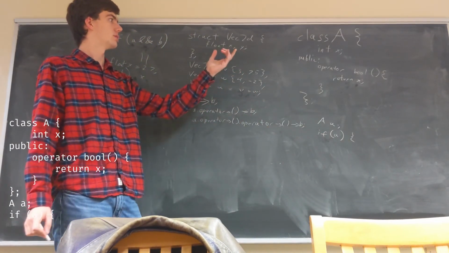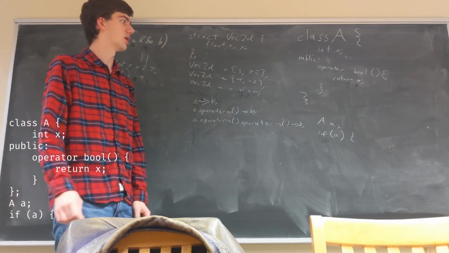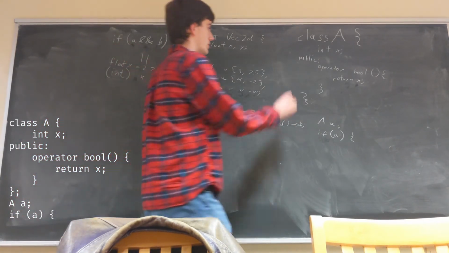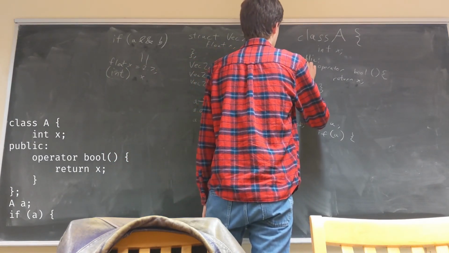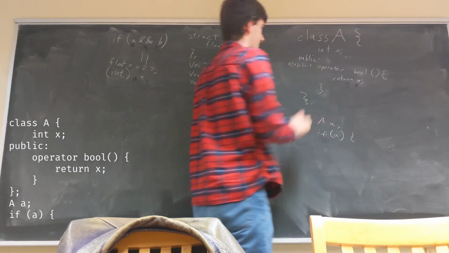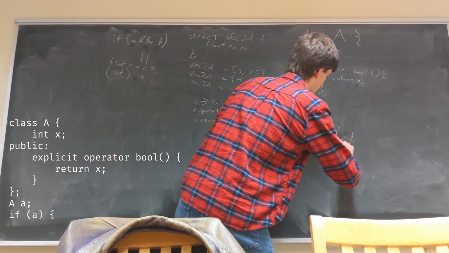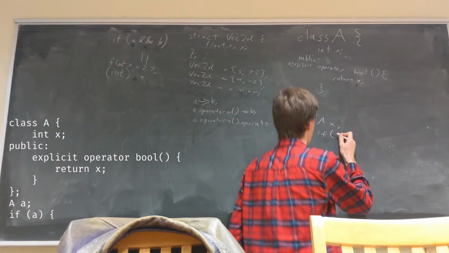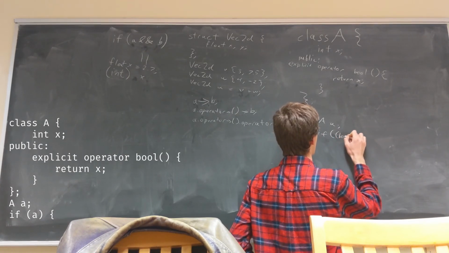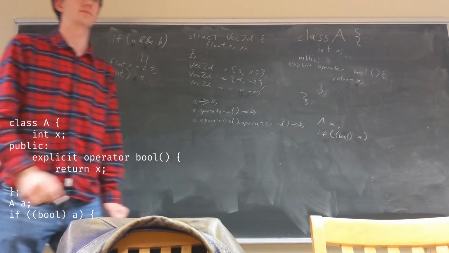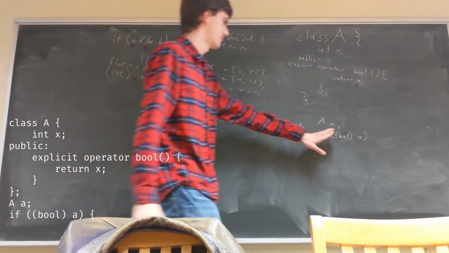What if we want our conversion to not work implicitly? It's very simple. We just write explicit, and you have to invoke it explicitly, which would mean if we wanted to do that here, we'd have to cast it to a bool explicitly. Actually, I believe this is an exception.